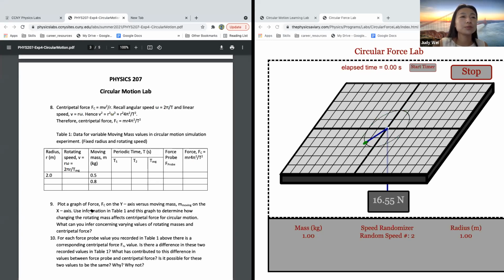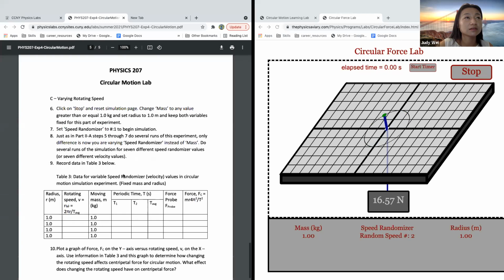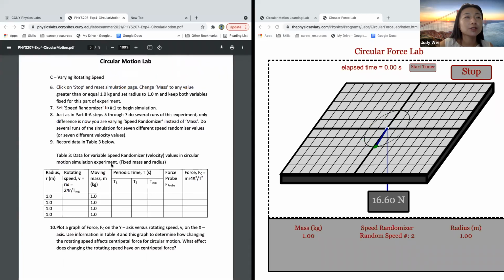And after you plot this, they ask you how changing the rotating speed affects the centripetal force for circular motion.